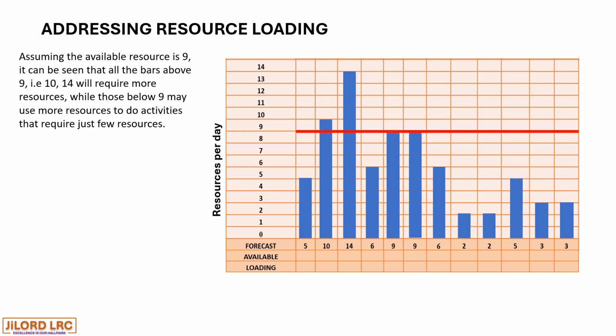while those below 9 may use more resources to do activities that require just few resources. So for day 1, which has been forecasted to use 5 resources, there are 9 resources available, which means there will be 4 more, the difference between the bar and the red line, 4.